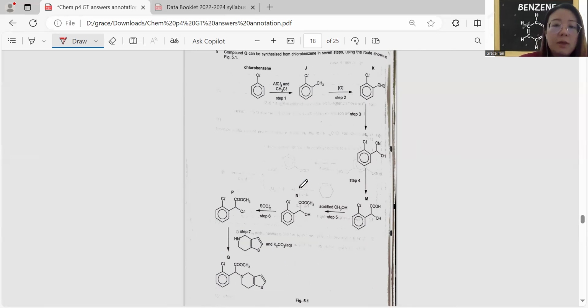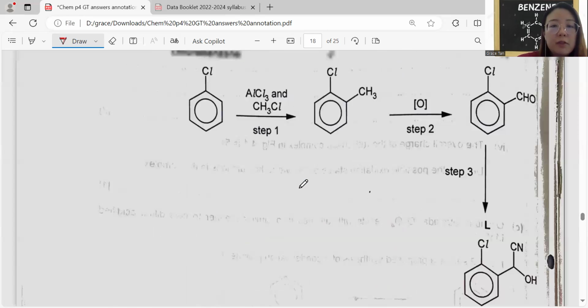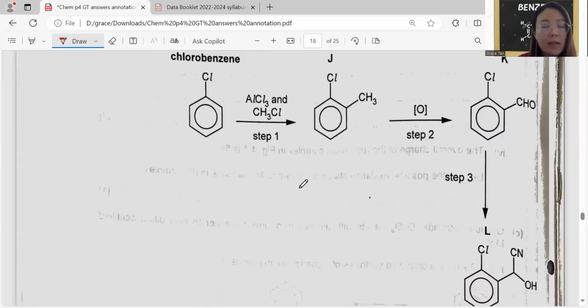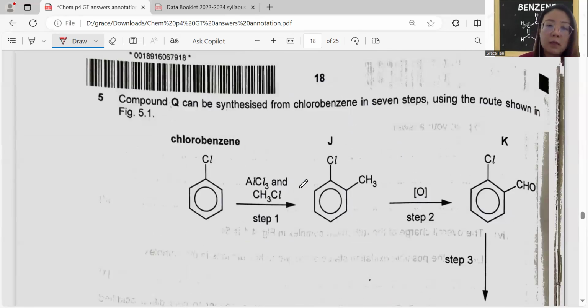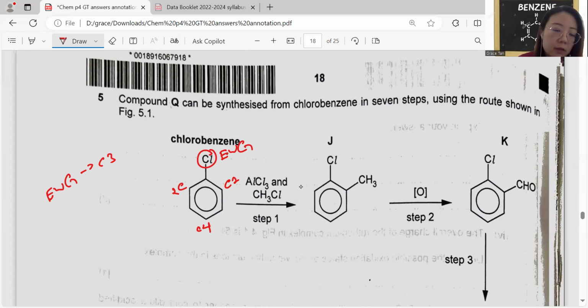Let's do a quick recap. Friedel-Crafts alkylation needs heat. For any Friedel-Crafts alkylation or acylation, please write heat. Now, chlorine is an electron withdrawing group. Normally, an electron withdrawing group will direct the incoming electrophile to C3 and C5.